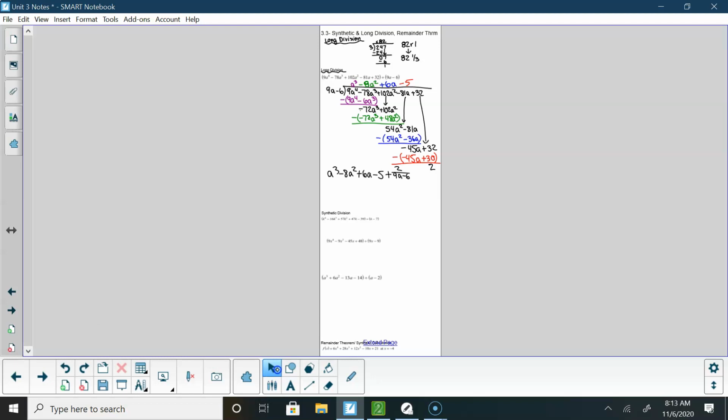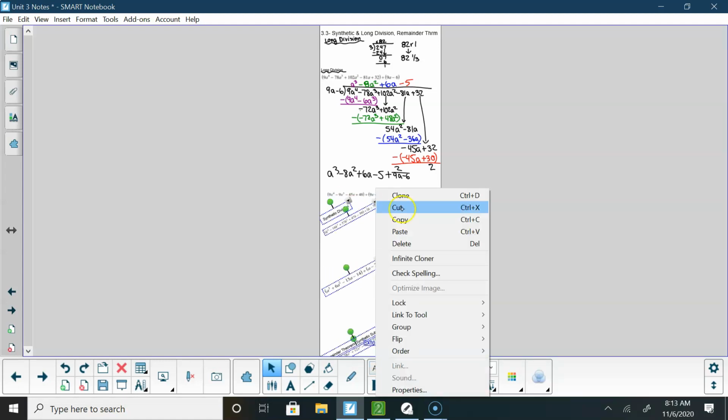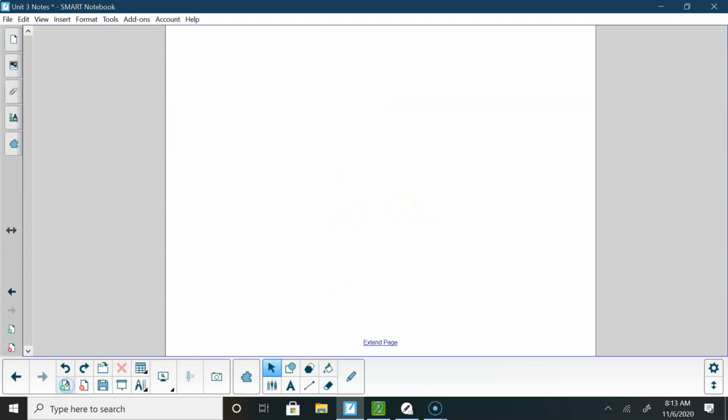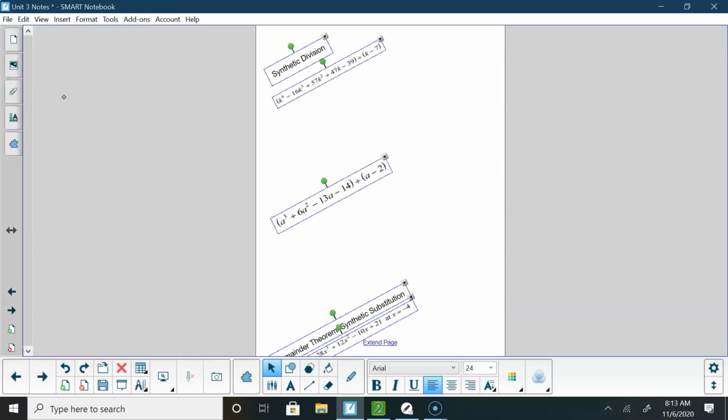Here it is. Just, how do I copy and paste you? Cut, add a new page. You go. Okay, it's all screwy still, but I don't care.